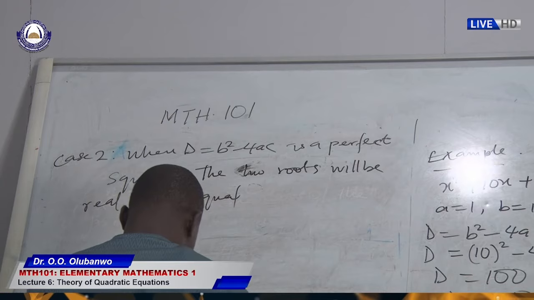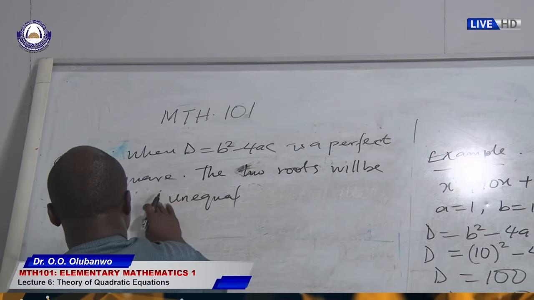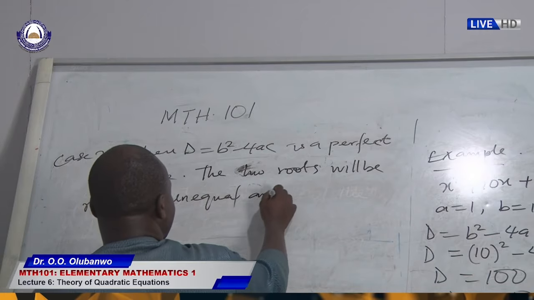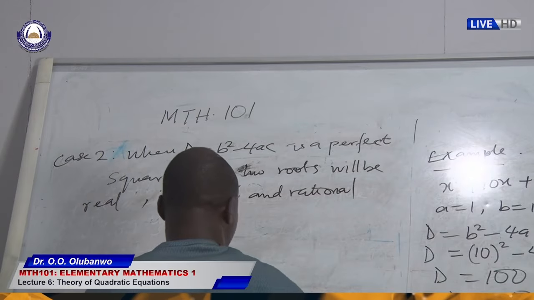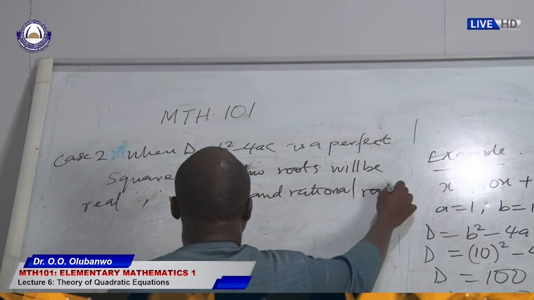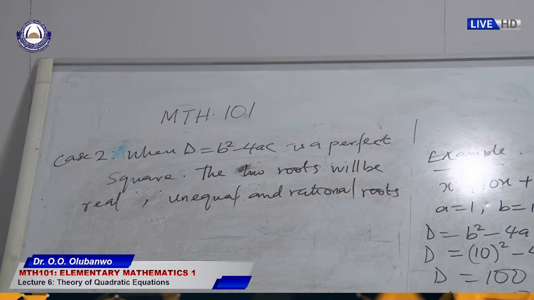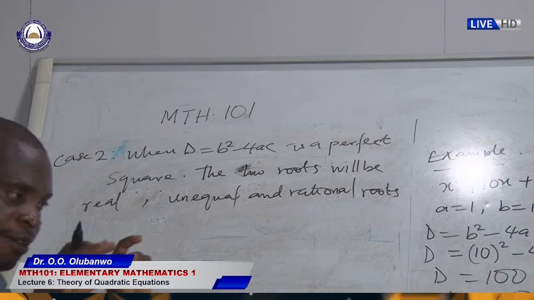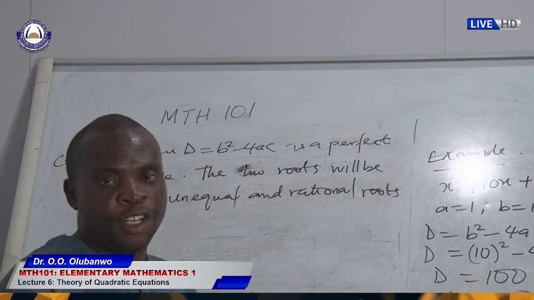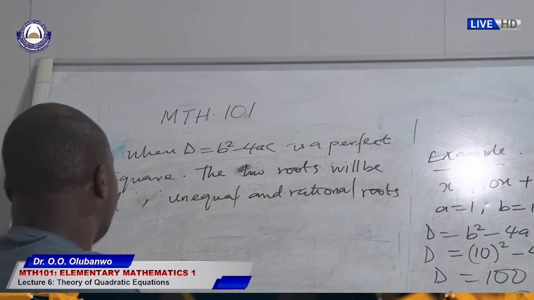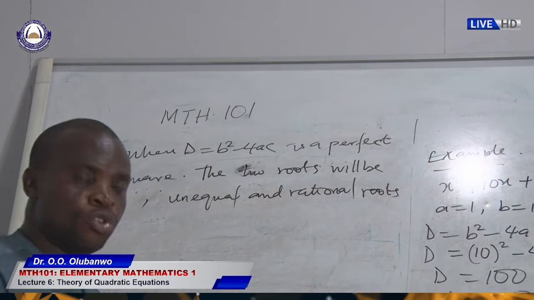Let's say it's real, unequal, that is distinct, and rational roots. You can put a bracket in front of the unequal, distinct. Real, unequal, and rational roots.